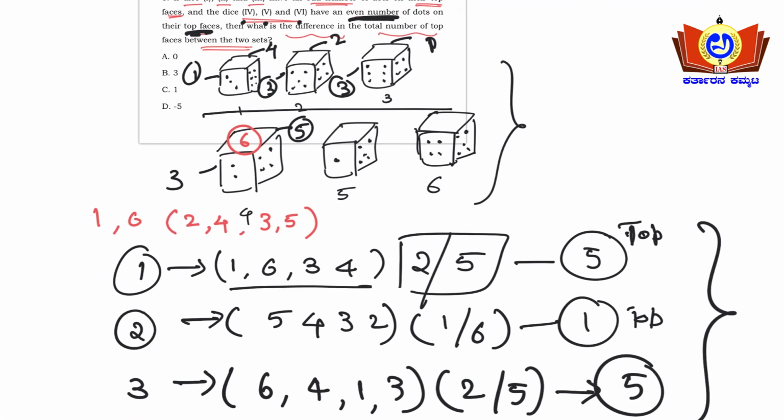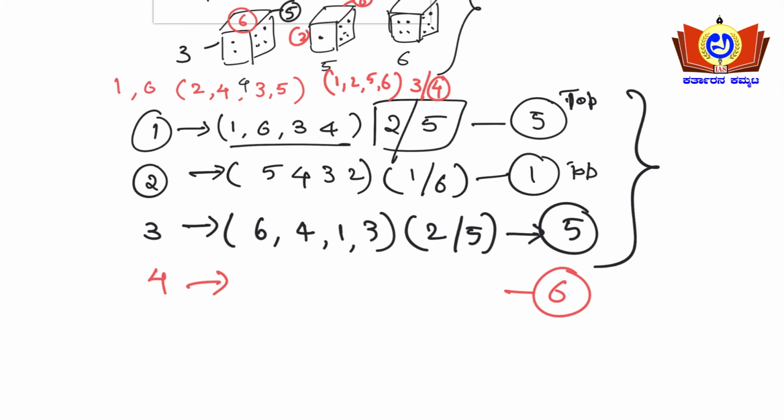Okay, similarly for the fifth dice, 6 is here, 2 is here, so 1, 2, 5 and 6 are there. So the probable options are 3 or 4. So 4 is the even number.